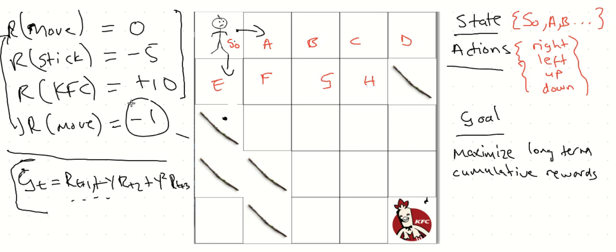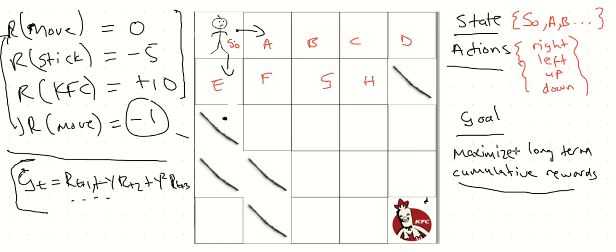So here what you're supposed to understand, don't focus on this example particularly, but just get the idea of whatever problem you're trying to solve. You are in a certain state, you need to take an action, and each action will lead you to another state with a certain probability, which you should know if you're following our previous videos. And the goal is to maximize the long-term cumulative rewards, right?